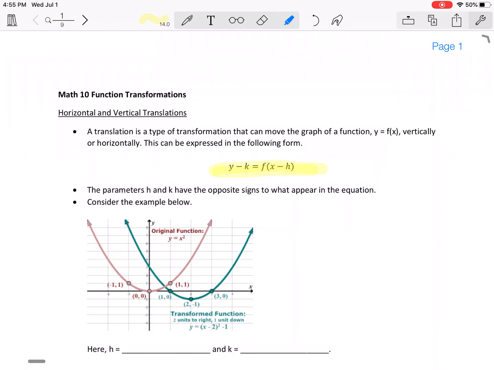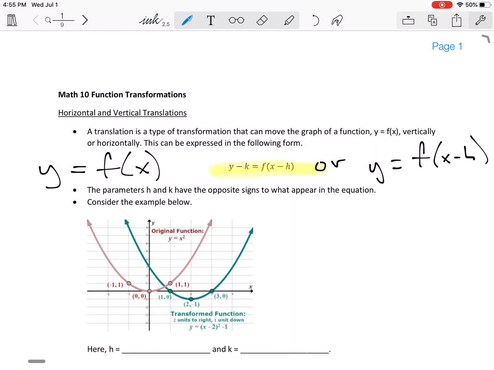So f(x) is your original function. So let's say your original function is y = f(x). Okay, and so here, I think in your textbook it's written in this format, but you could also write it this way: y = f(x - h) + k.